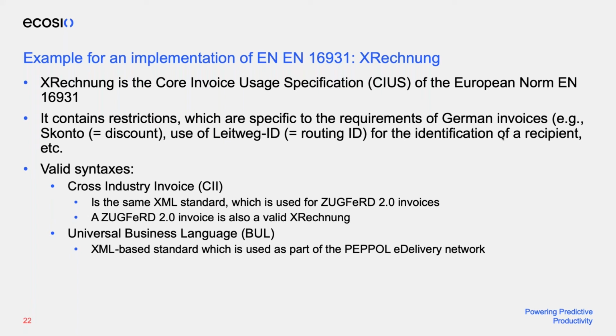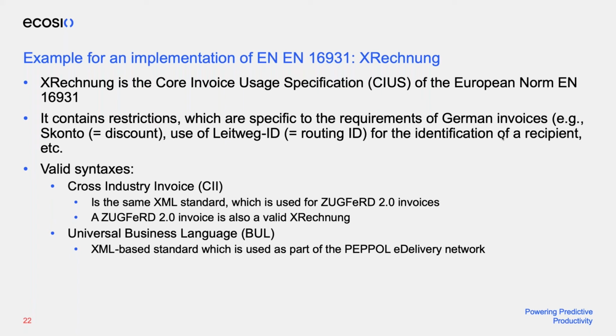So actually, the core invoice usage specification sort of makes the very generic European norm more specific to national requirements. The same CIUS also exists for Great Britain, for France, for Austria, for Italy, and so on.